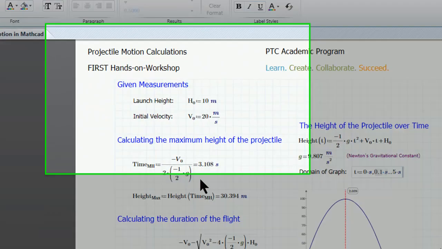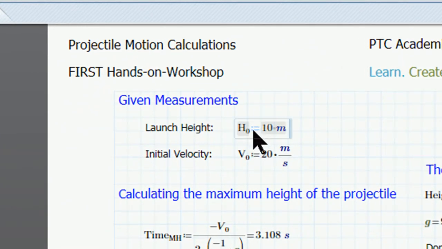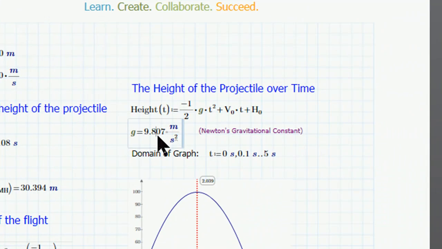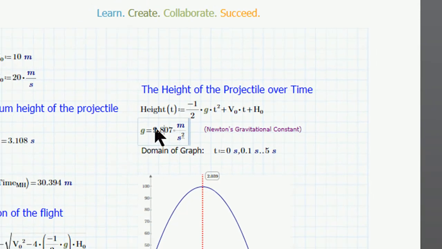As you look over this worksheet, you may have noticed that all of the numerical values have units attached, like 10 meters, 20 meters per second, and 9.807 meters per second squared. For many engineers and engineering students, MathCAD's unit capabilities are the number one reason they choose to use it for their engineering calculations.